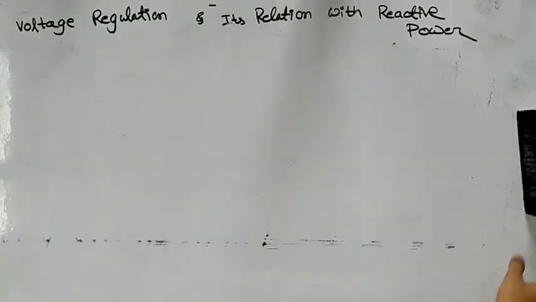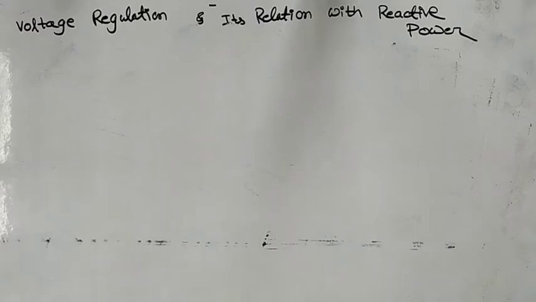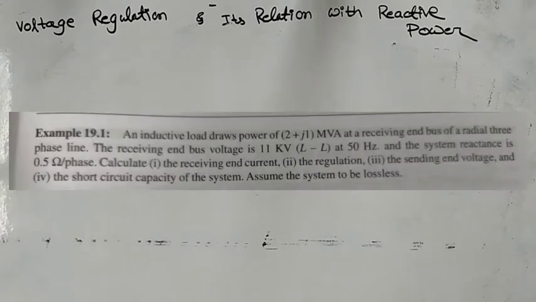So, let's start. In the previous video, I derived the expression for voltage regulation and its relationship with reactive power. In this video, first we solve a numerical problem on this topic. The problem: an inductive load draws power 2 plus j1 MVA at the receiving end of a radial three-phase line.